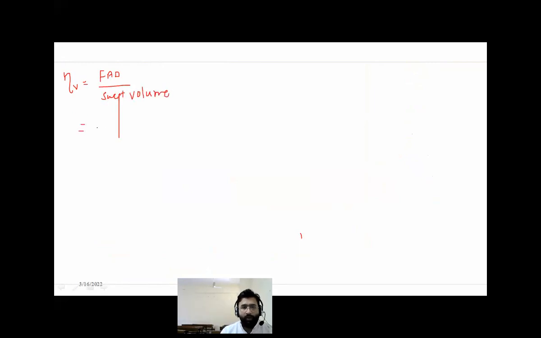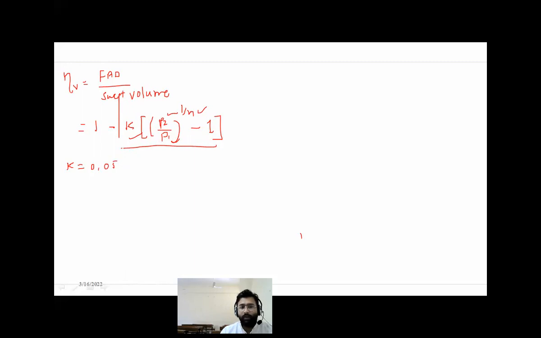Another formula is 1 minus K times the bracket of P2 by P1 raised to 1 upon n, minus 1. So first we'll calculate the volumetric efficiency from this formula, because everything is given. They have given n, P2, P1, and K is also given. What is K here? K is 0.05, that is the volume ratio or clearance ratio.